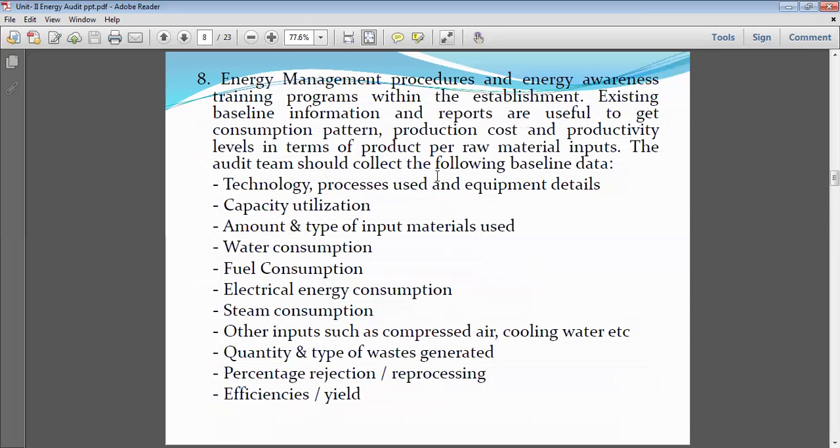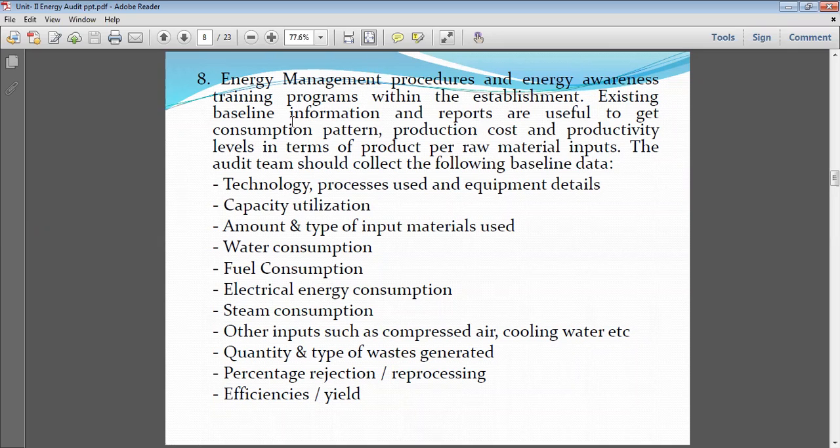Now, energy management procedure and energy awareness training program within the establishment. You have to give some energy awareness or energy conservation training to the people working there, among the engineers, among the managers, and the other people working.